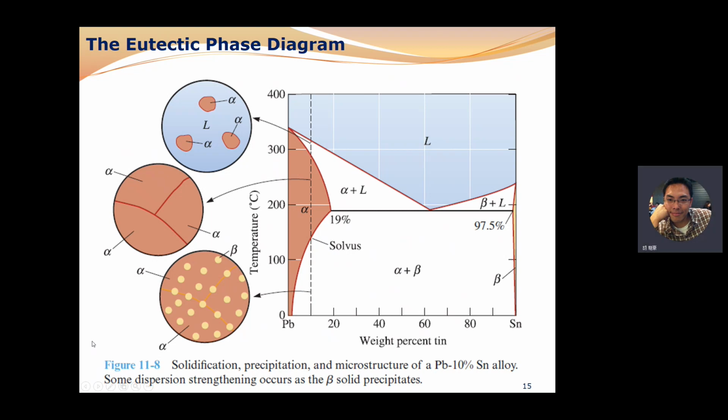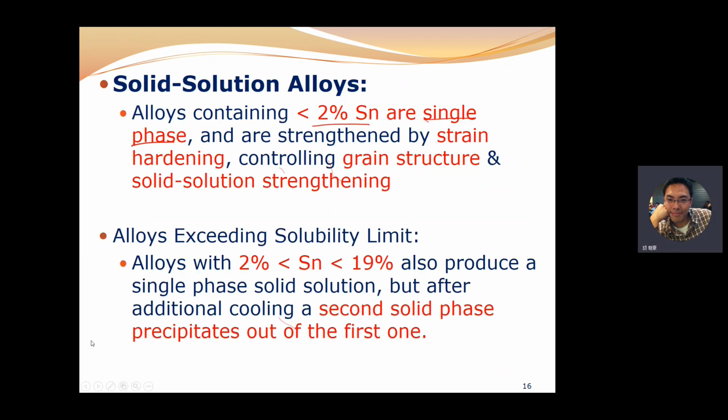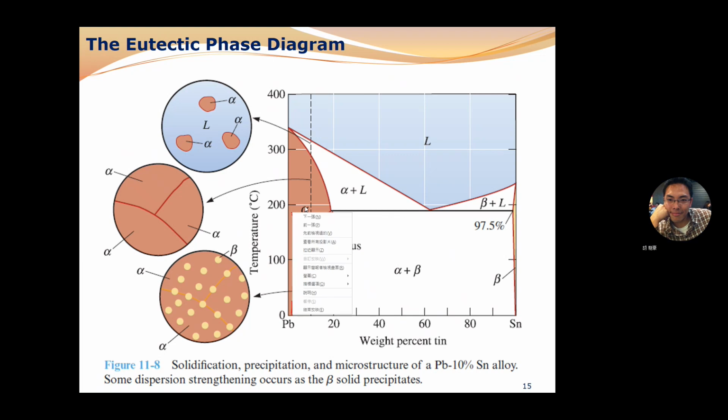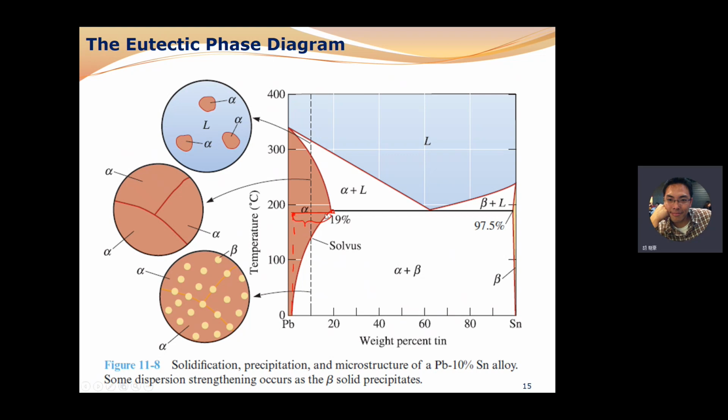And now the tin content is between 2 and 19, so it's this range I just drew on this figure, from 2 to 19, within this range.